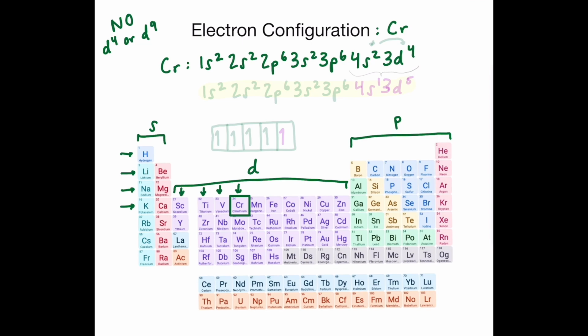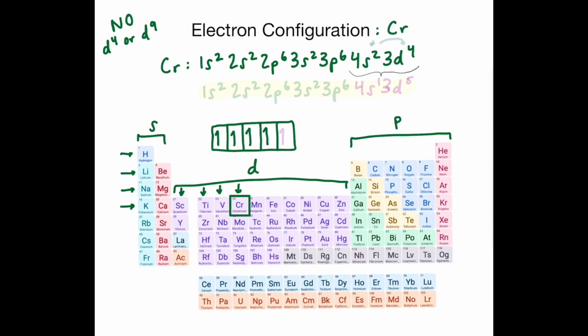And what does this mean? I'm going to draw an example d orbital to show why this is the case. So chromium, we'd have 4 electrons in its d shell, and this is not energetically stable. It doesn't like having only 4. We want to have all of the suborbitals filled. And so what we're going to do is change our last bit here.